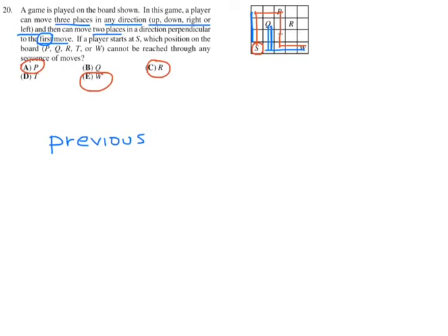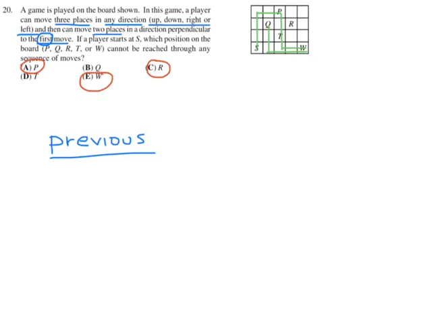I can do it if the answer is previous, because watch very carefully. I'll do it again. You've got S going 3 up, then 2 across, 3 down, 2 across, and then back 3 this way, and then I'm going perpendicular to the previous move by going up 2.